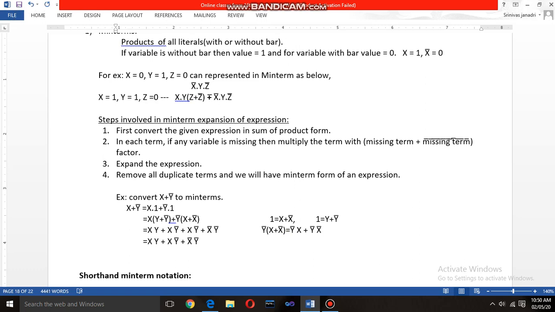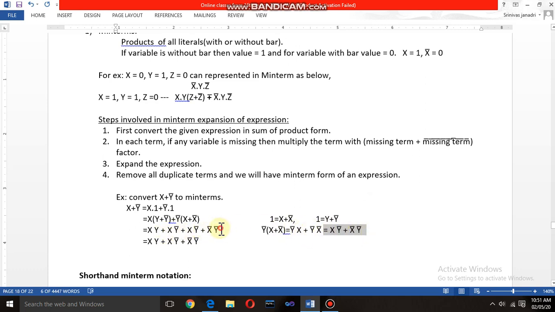And using the commutative laws, we can write y complement into x as x into y complement. Just observe the commutative laws that I have given you in the Boolean postulates. At least you have to remember those postulates always. Using the commutative laws, I have converted these two terms into like this.